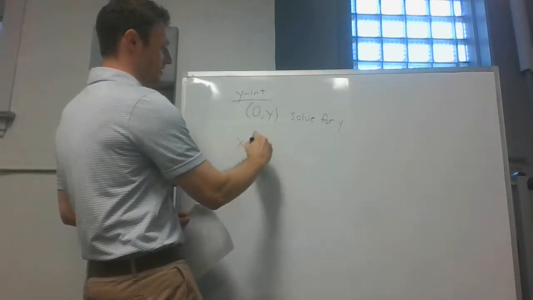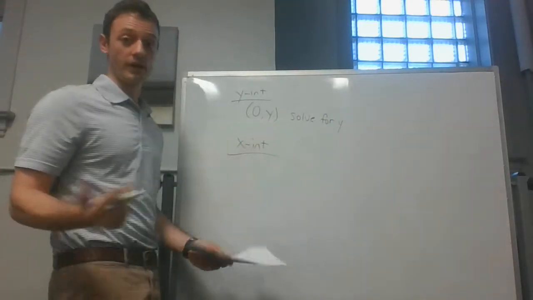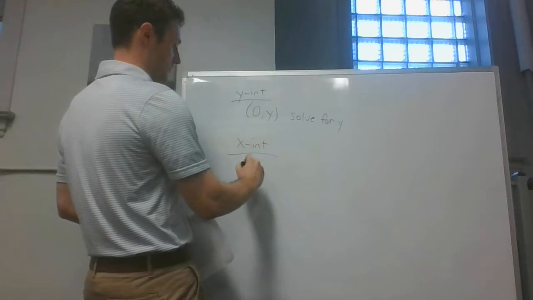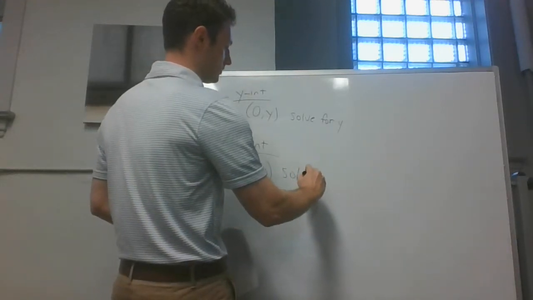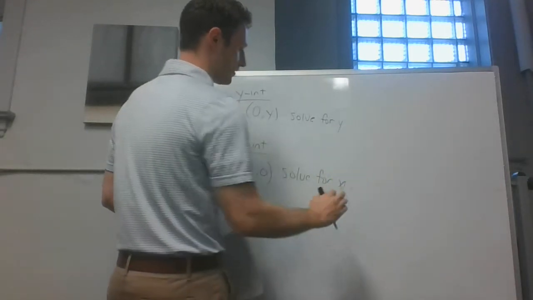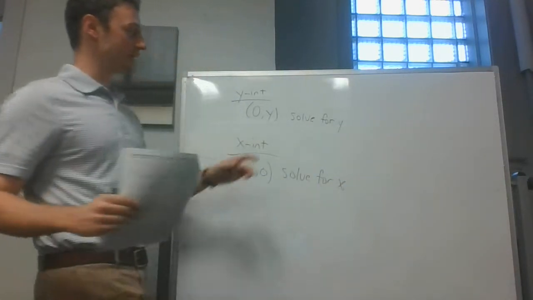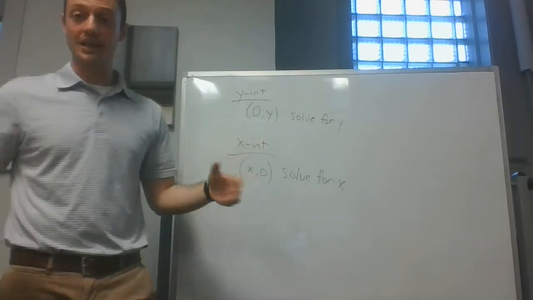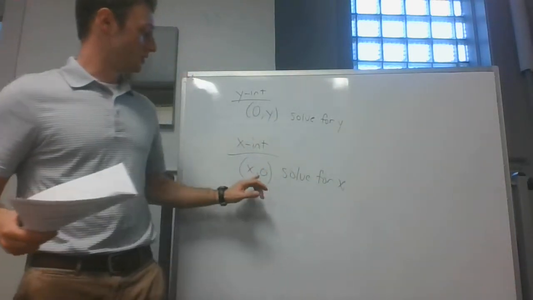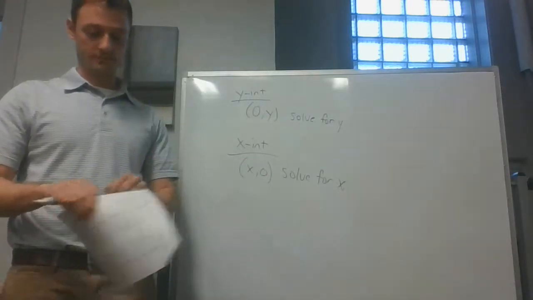To find the x-intercept, it's the other way around. Plug in 0 for y, solve for x, right? Because at the y-intercept, x is obviously equal to 0, and at the x-intercept, or intercepts, y is obviously equal to 0. All right, so it's that easy.